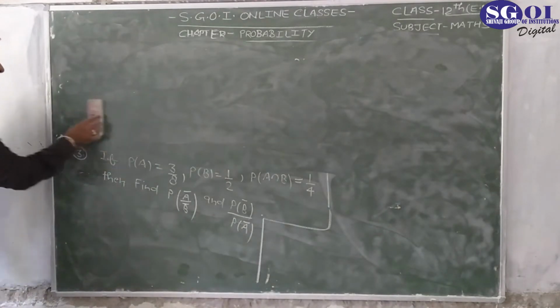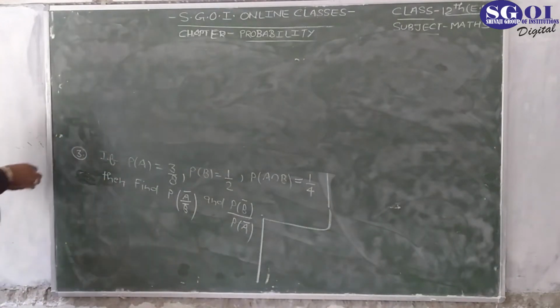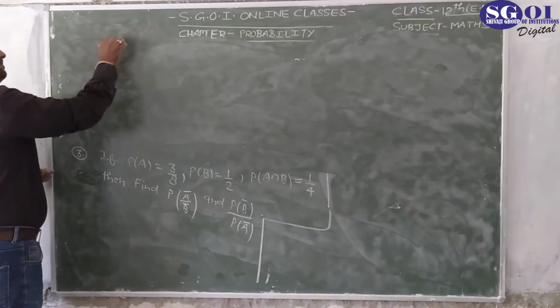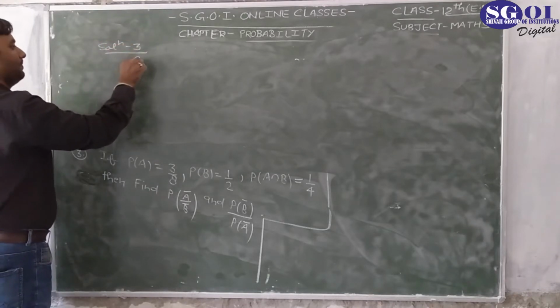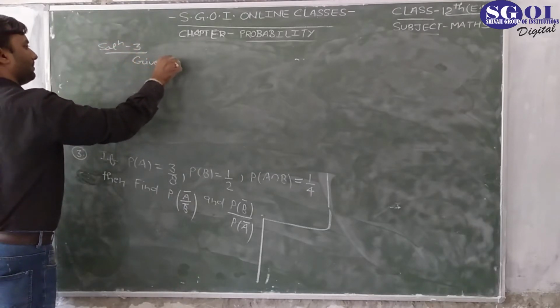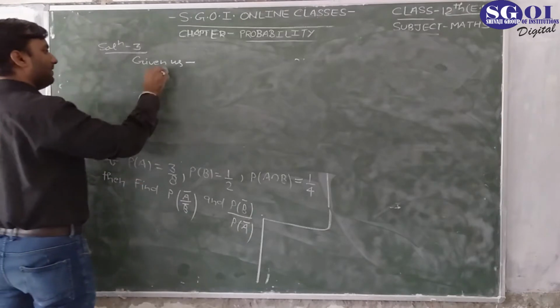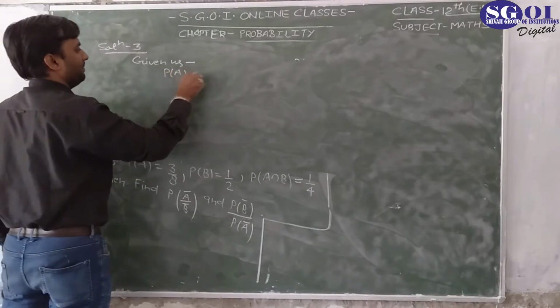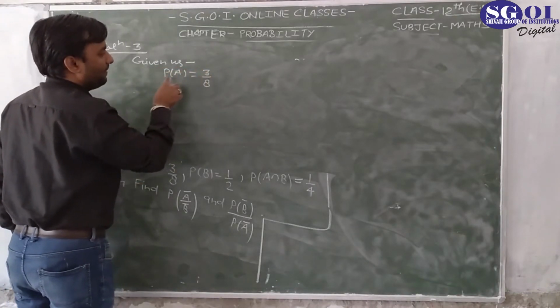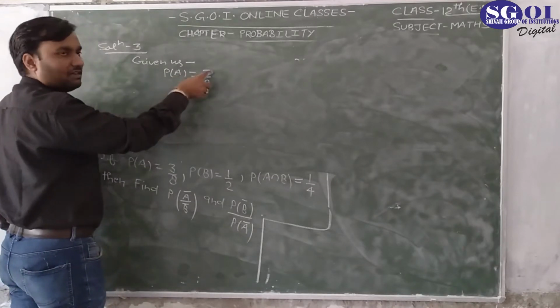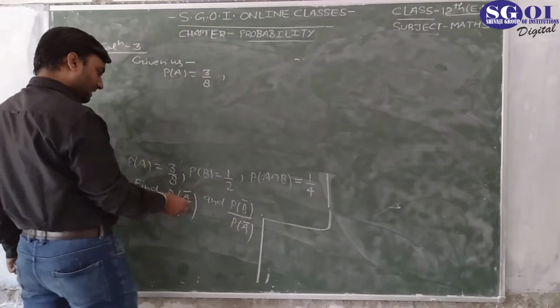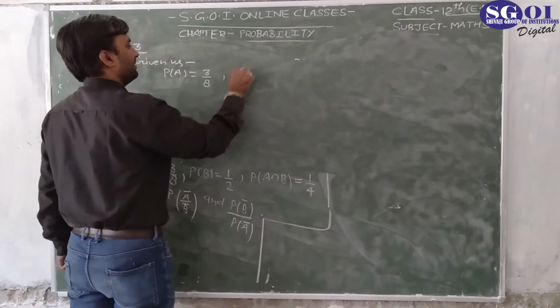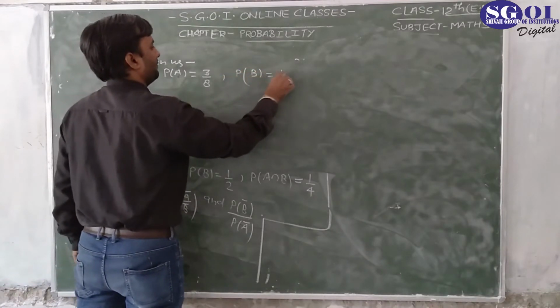What is the problem number 3? Problem number 3 is given to us. Probability of A is equal to 3 by 8, means probability of A happening is equal to 3 by 8. Probability of B happening 1 by 2.